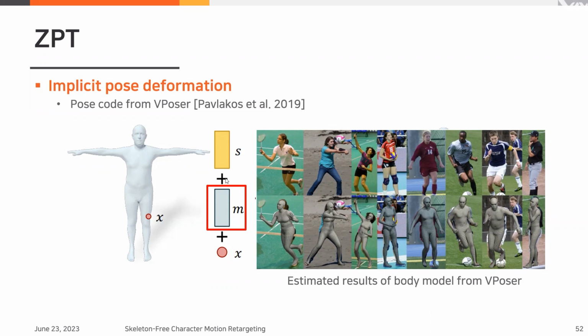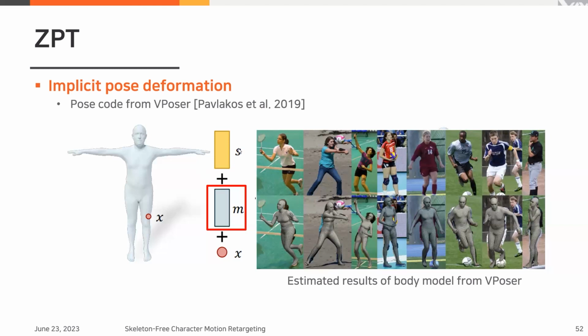And for this, I must understand how the shape code and pose code are composed, but I cannot understand what the shape of the pre-poser pose code is and how the shape code is made.